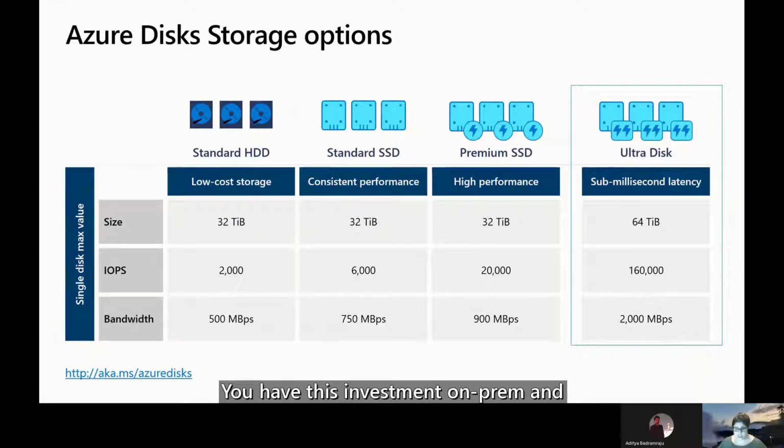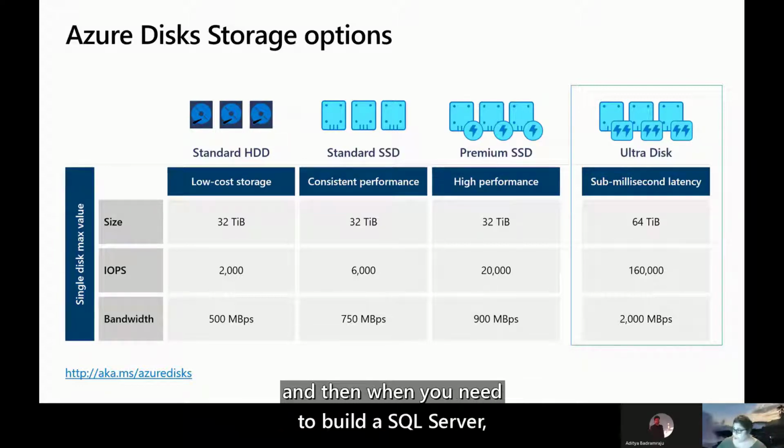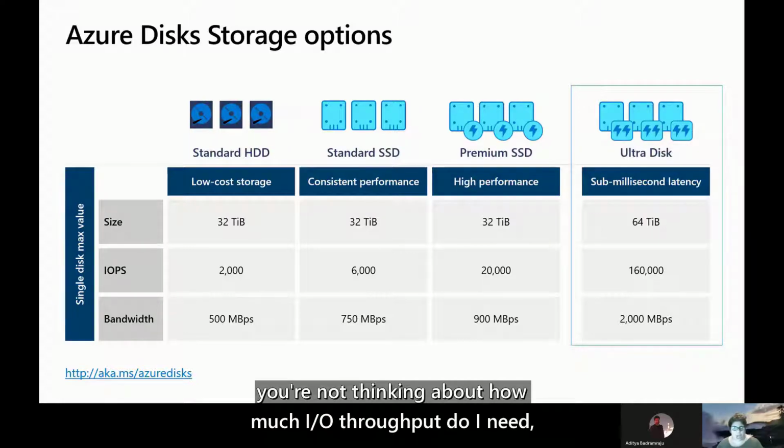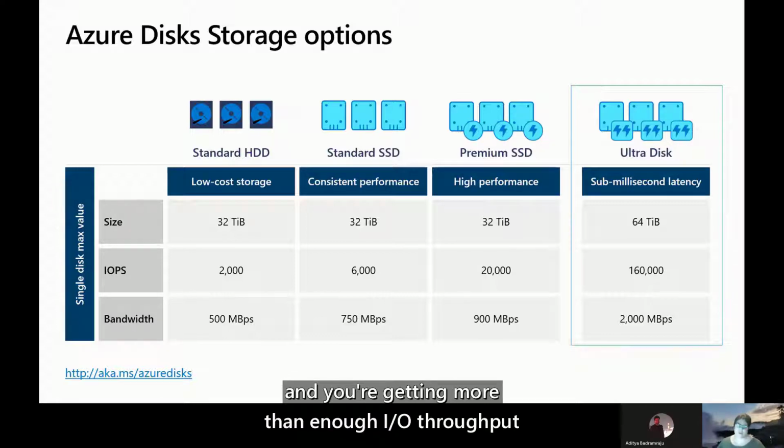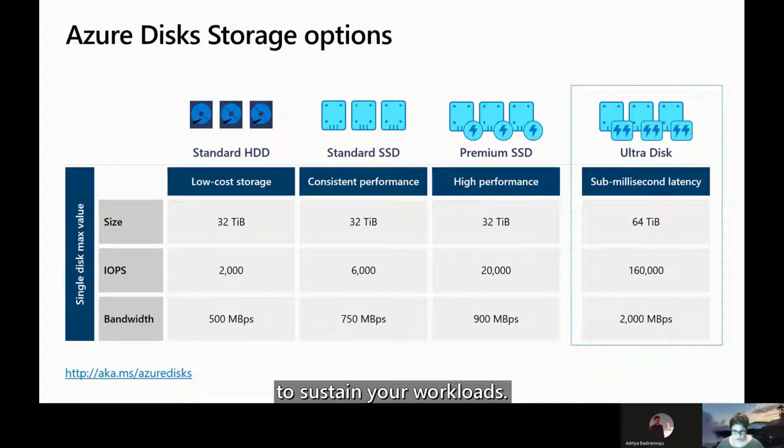So you have this investment on-prem in a lightning fast storage device, and then when you need to build a SQL Server, you're not thinking about how much I/O throughput do I need. You're basically just carving out some storage on the SAN and attaching it to the SQL Server, and you're getting more than enough I/O throughput to sustain your workloads.